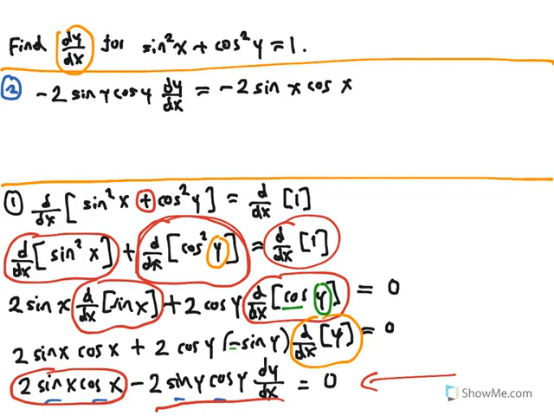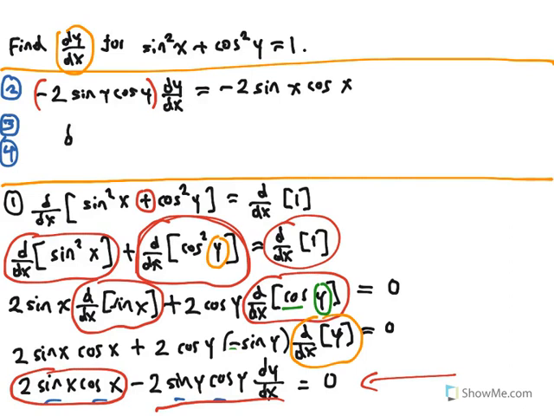And then step 3 is to factor out dy dx from the terms that have dy dx, but again, since we only have one term with dy dx, we don't need to do step 3 for this problem. And step 4 is to solve for dy dx, and we can do that by dividing both sides of the equation by the factor multiplying dy dx.